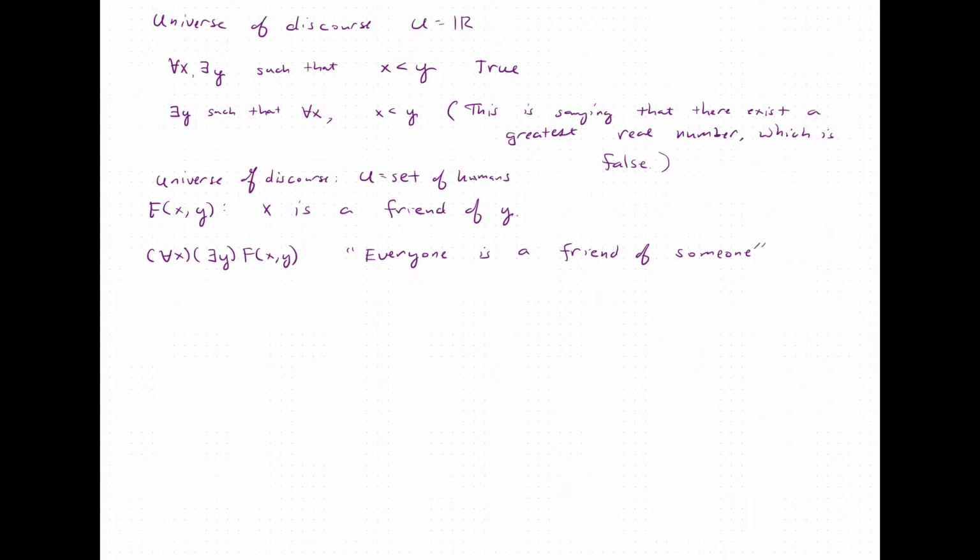Now we have that there will be someone that is a friend of everyone. And so namely, we have there exists a y such that for every human x, f of x comma y. And so now this here would mean there is someone who is a friend of everyone.